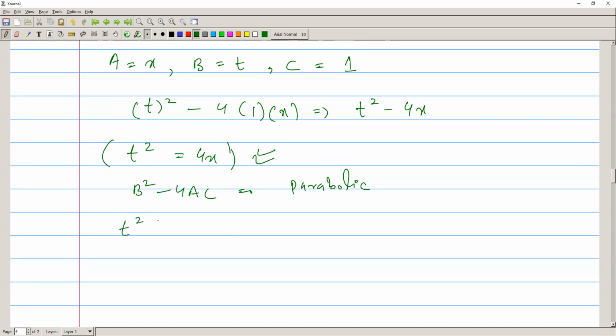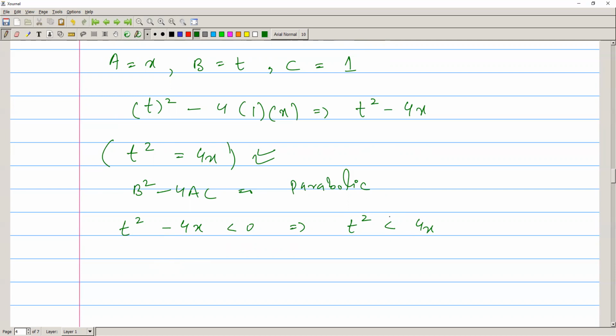When t squared minus 4x is less than 0, this implies that t squared is less than 4x. And when t squared is less than 4x, what does it mean? It will be a negative value, right?